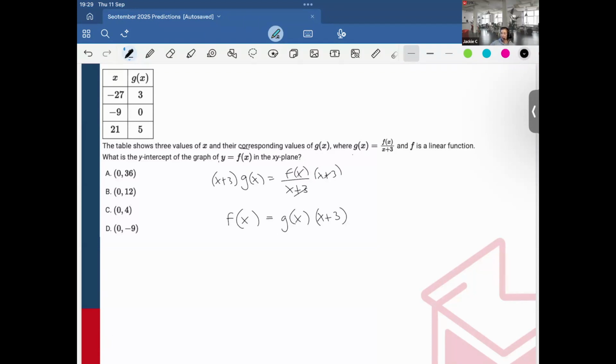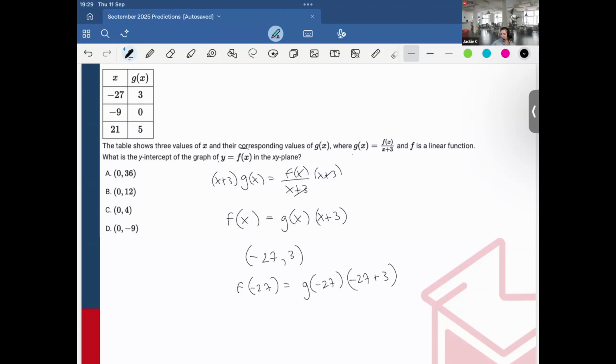And if I want to define what f of x is, I can use the coordinates in the provided table. So for example, we can take negative 27 and 3. If I were to type that in, it'd be f of negative 27 is equal to g of negative 27 times negative 27 plus 3.